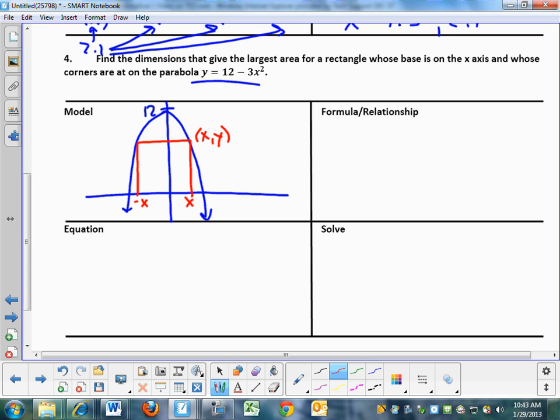Boys, what am I trying to maximize? Area is length times width. Let's write an expression for length. Andrew's already said it. What is the length of the base right here? 2x. You've got x in this direction and x in this direction, so we'll call it 2x. I'll call that my width. People like it probably as width.